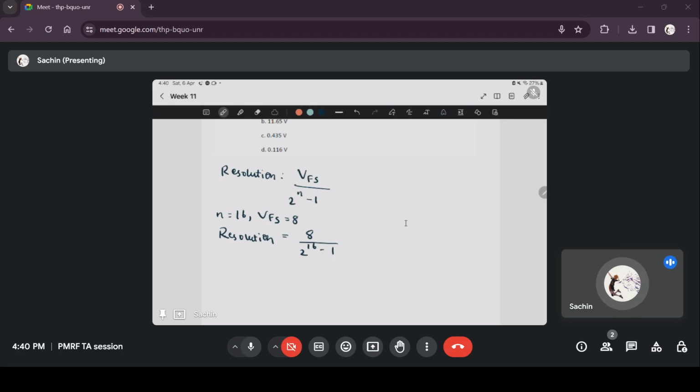So the full range of voltage that you have from 0 to 8 must be split into 2 power 16 minus 1 parts, so that you can distinguish between two different numbers by measuring the voltage. So each 16-bit input will give you a different voltage within the range of 0 to 8 volts.